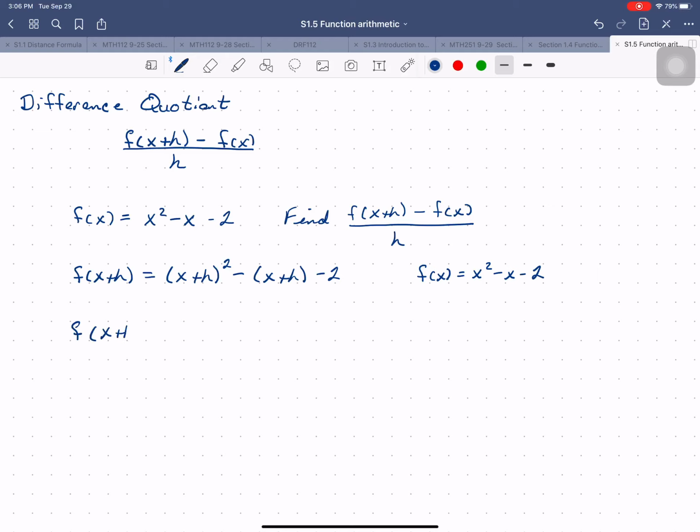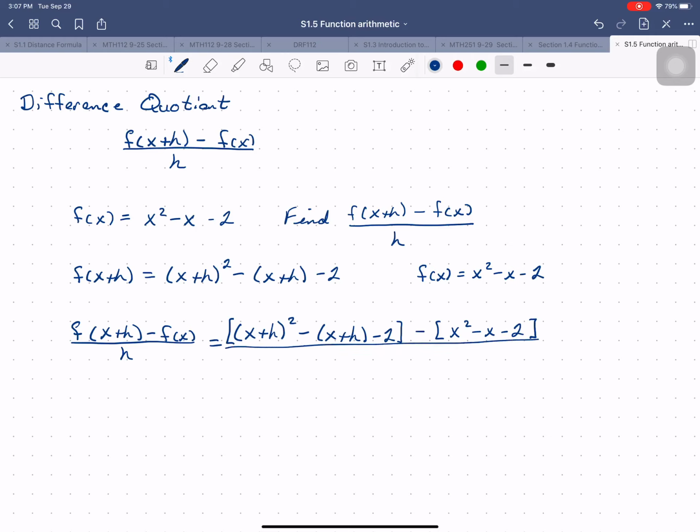F of x plus h minus f of x all over h is equal to x plus h squared minus x plus h minus 2. That's the f of x plus h part, so I'm going to put that in brackets for now. Minus x squared minus x minus 2, that is f of x, all over h.